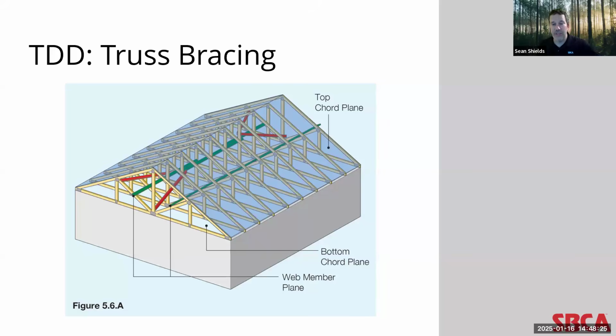And while the truss design drawing concerns itself mainly with the elements of the two-dimensional truss, it does incorporate an important three-dimensional element in the form of truss member restraint and bracing. As you can see on the screen, this is an image from BCSI, and it essentially shows web member bracing.